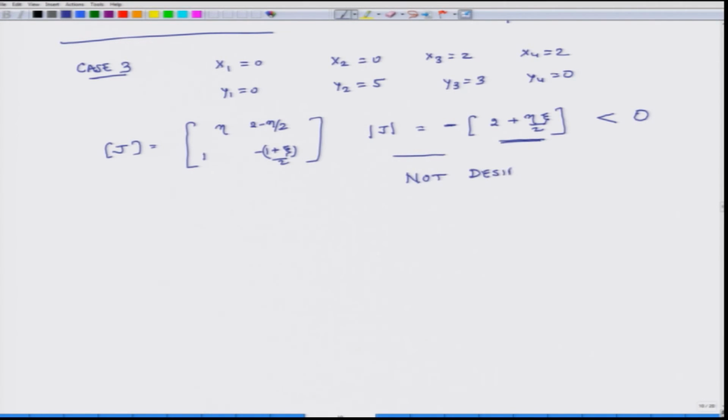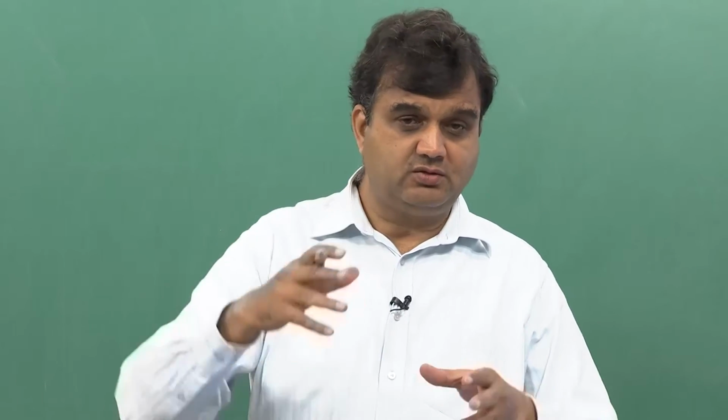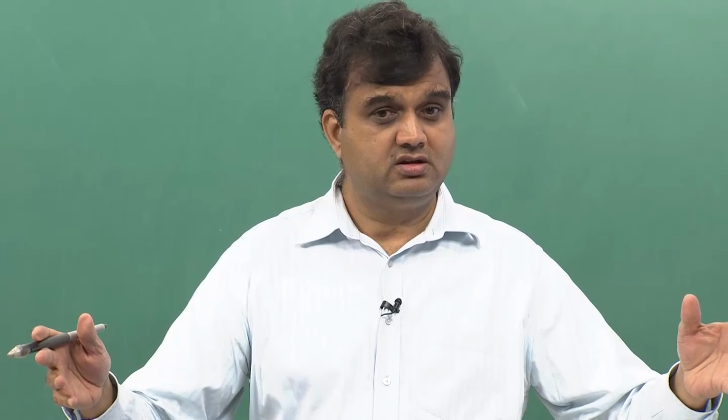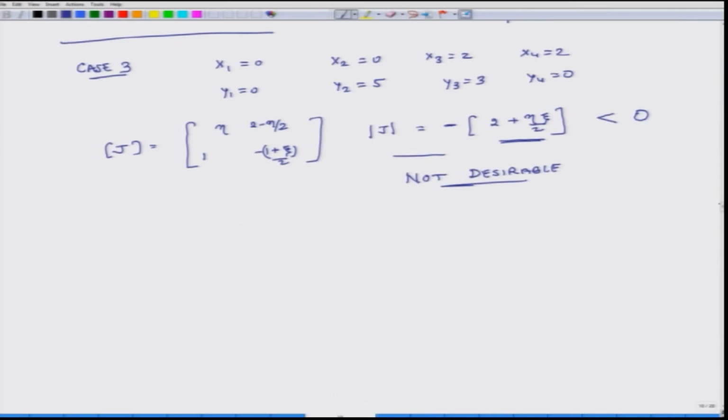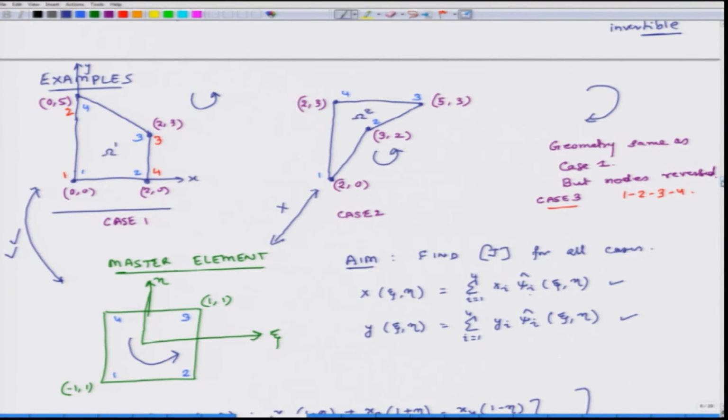You will get your answer. But what will happen is, at an element level there will not be any problem, but when you do the assembly level, some terms will become negative, some terms will become positive, and the assembly will not be valid. So, when you are doing these transformations, you have to make sure that the node numbering in each element is consistent.